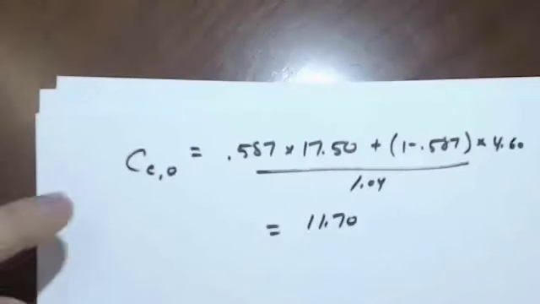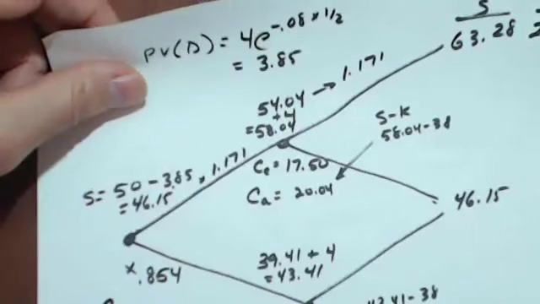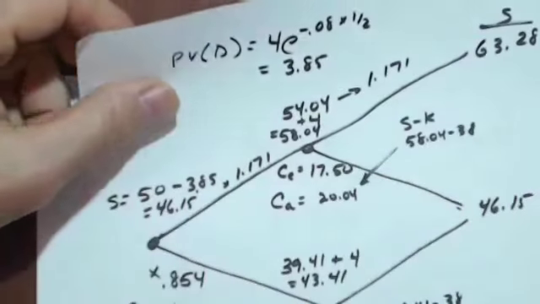So the value of the European call at the first node, I should put an E there, is $11.70 right here.